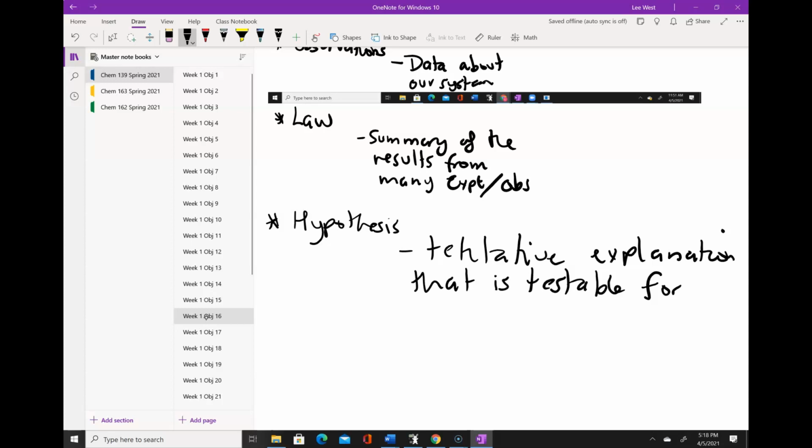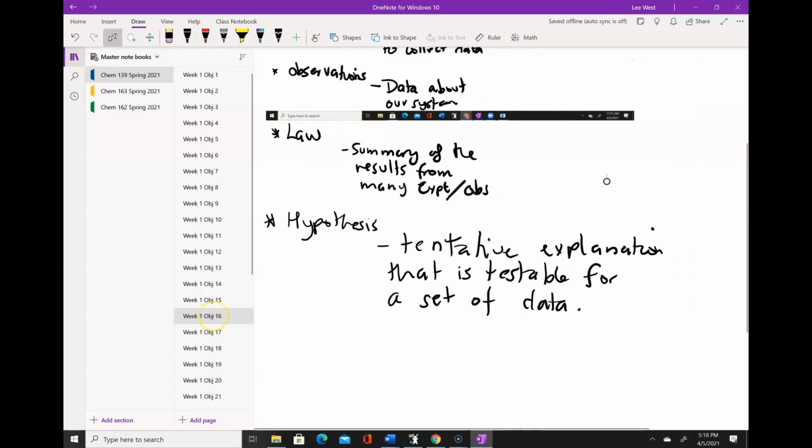Sometimes it's really hard writing on this glass, and sometimes things don't appear, or they appear in a weird way. A tentative explanation that is testable for a set of data. So you've got a bunch of data, and you can recognize a hypothesis, because it tends to have things like because, right?